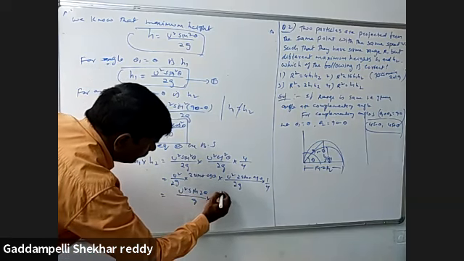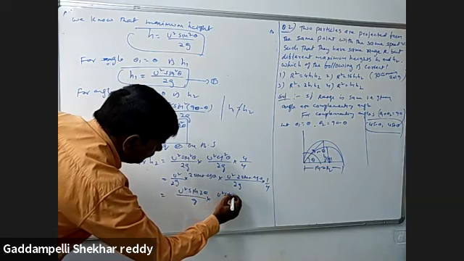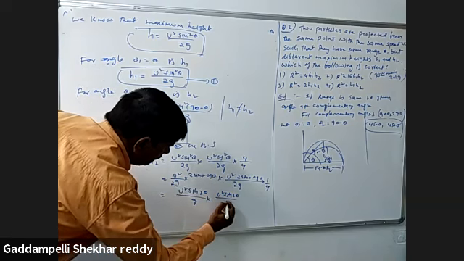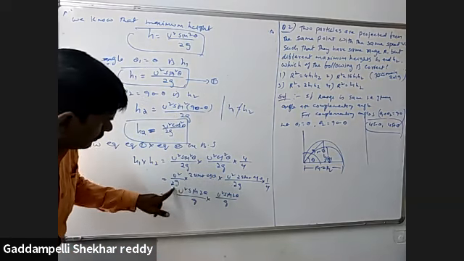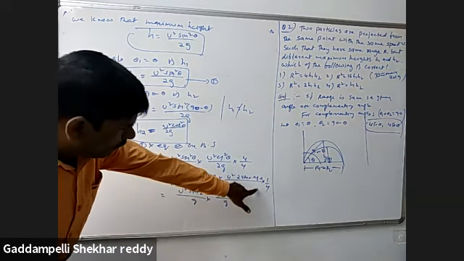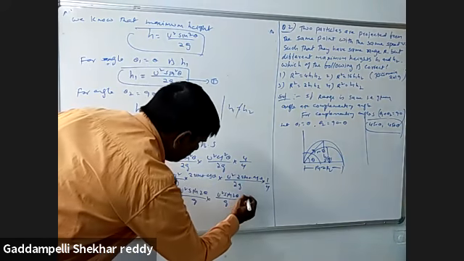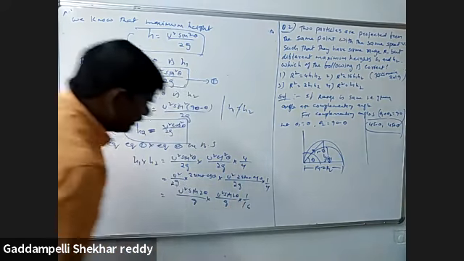The next factor is also u square sin 2 theta by g. So here 1 by 2 into 2, 4, 4 into 4, 16: 1 by 16.